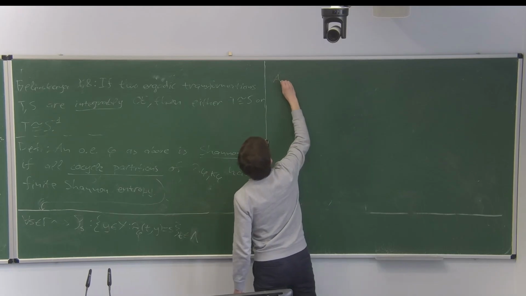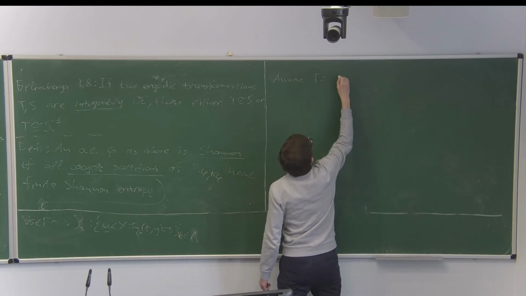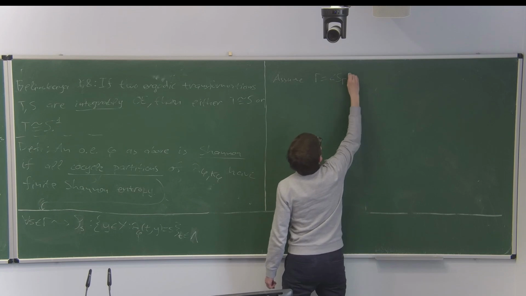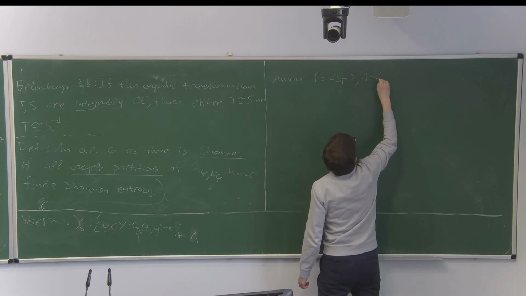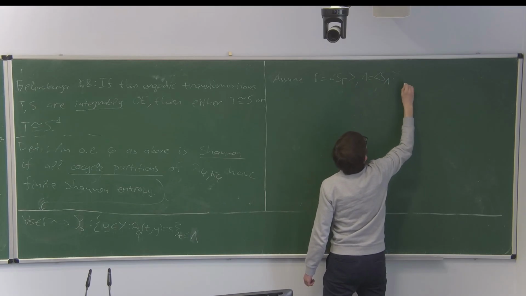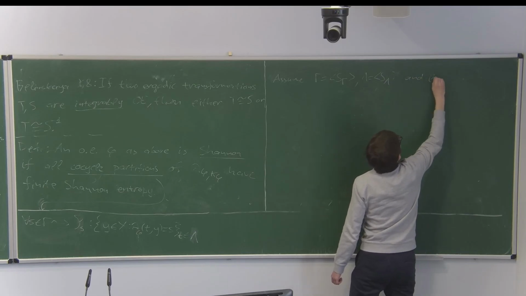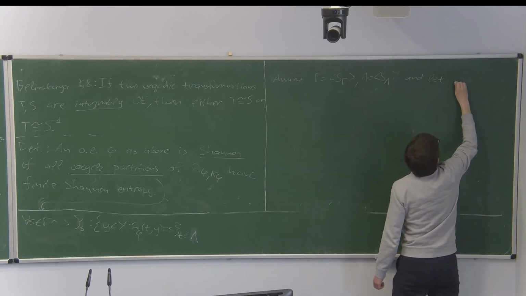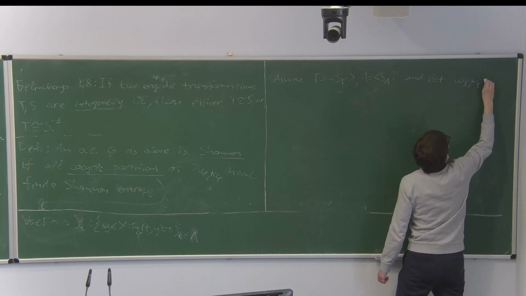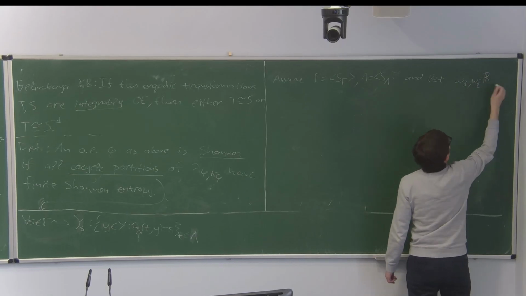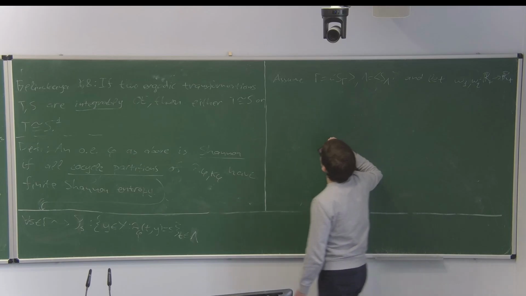So assume gamma is generated by some finite set S gamma, and lambda generated by some S lambda, and consider two functions, let's say omega 1 and omega 2, from positive reals to positive reals, non-decreasing.